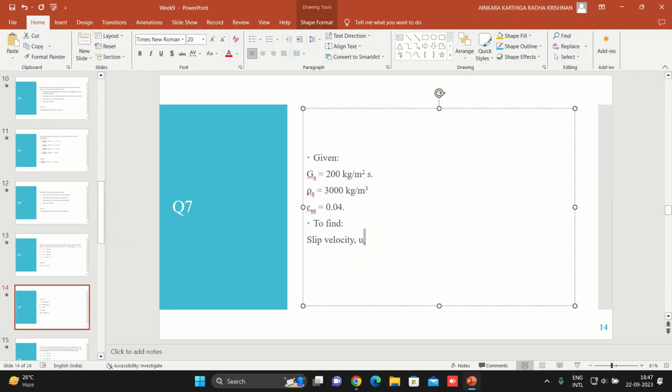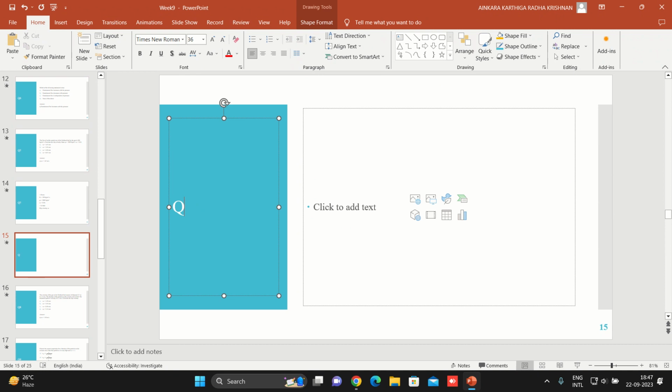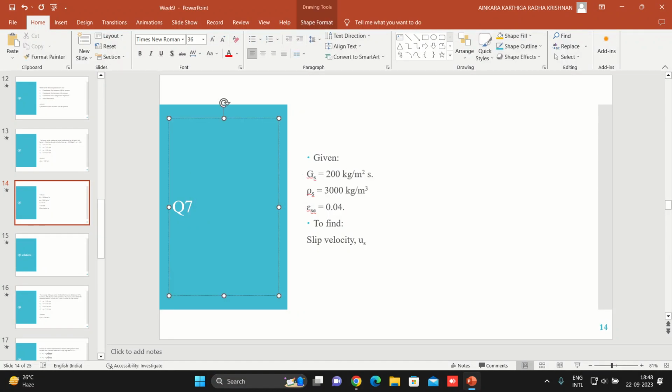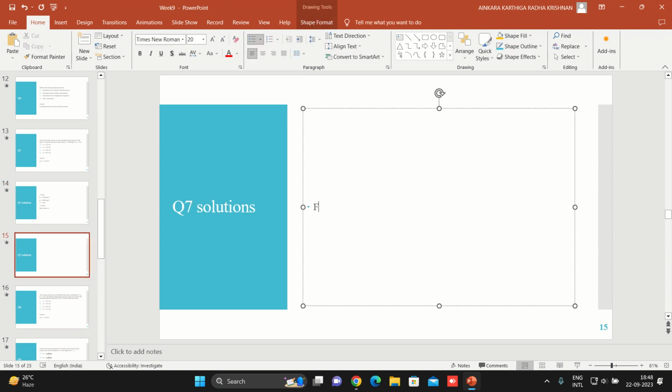So what is the formula? The flux at the exit, Gs, is given by rho s into epsilon se into Us.